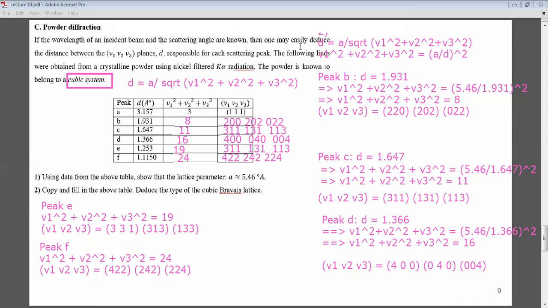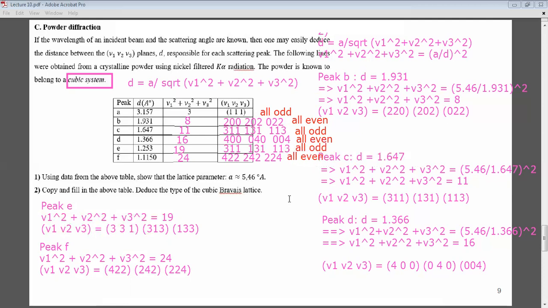So let me write the notes here: all odd, all even, all odd, all even, and all odd, and all even.